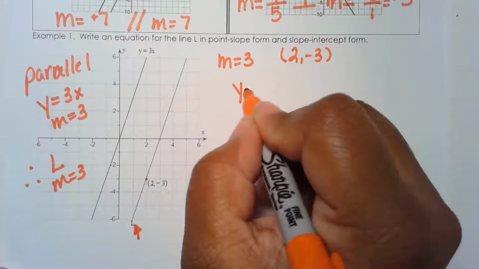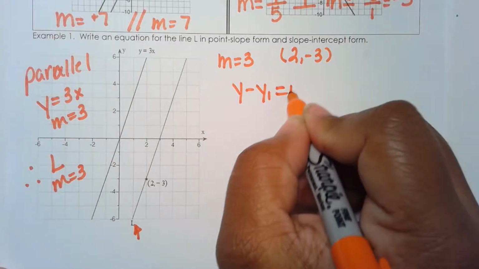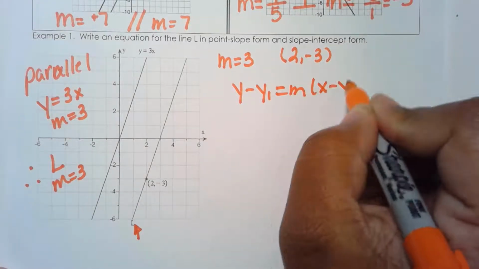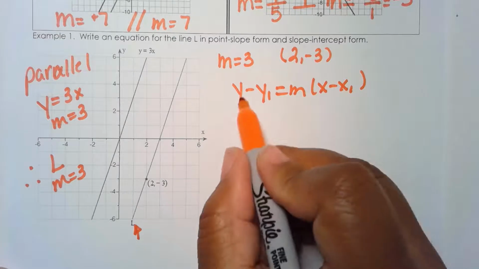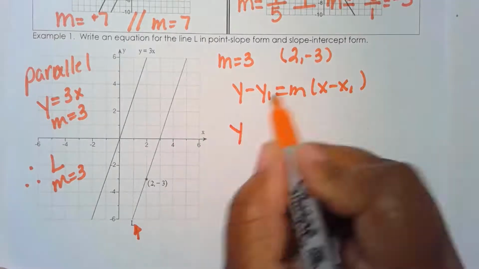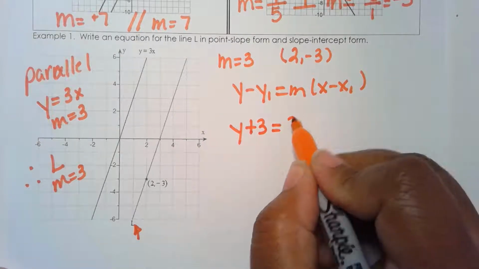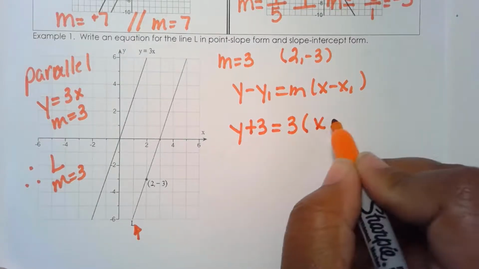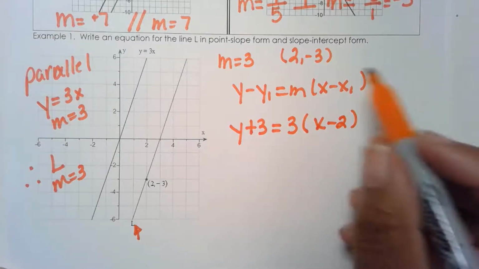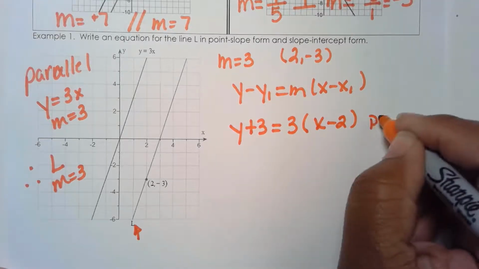Let's use the point slope formula. So we have y minus -3, that's going to become y plus 3 equals 3 times x minus 2. This is point slope form.